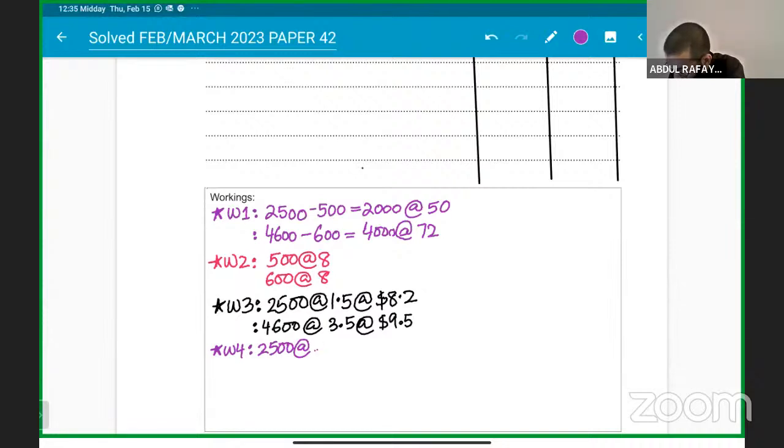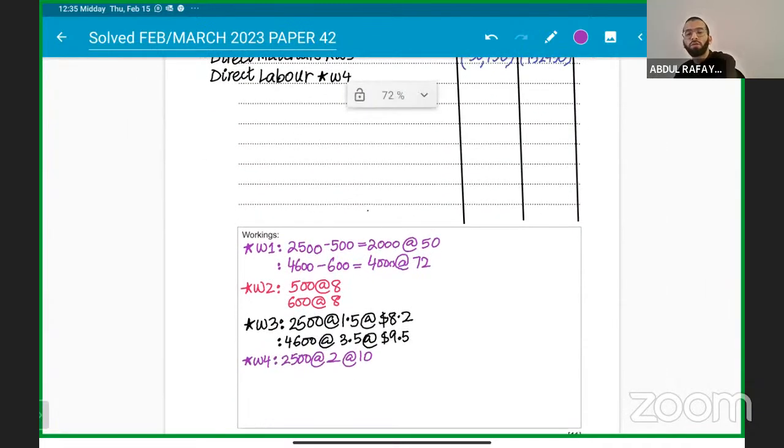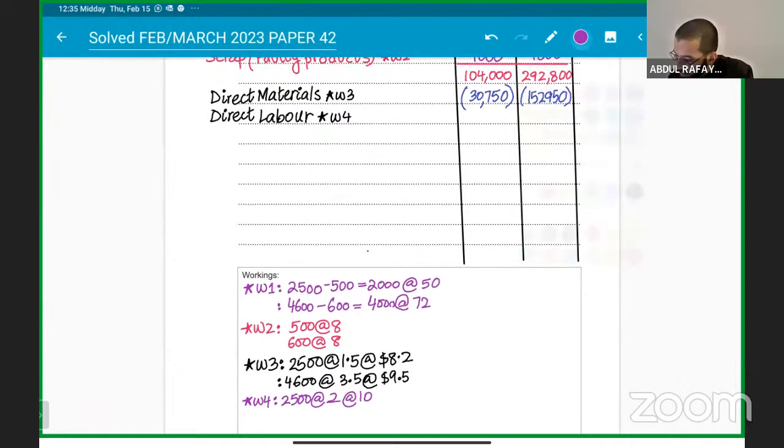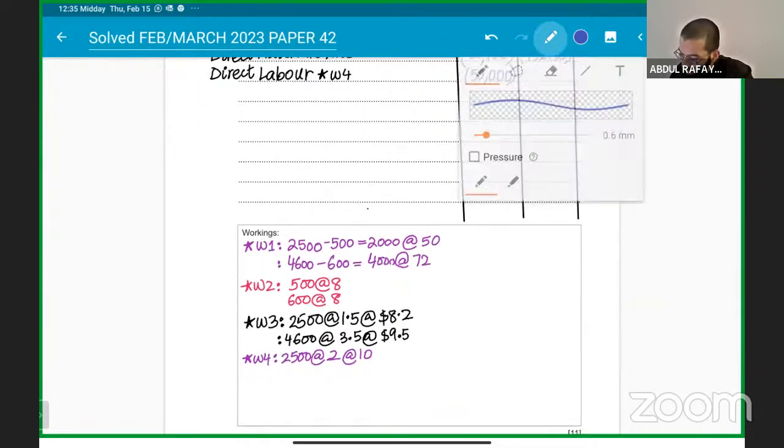One unit requires 2 labor hours, so we have to make 2,500 units, so it will be 5,000 hours required. And for each hour Simran is paying $10. So we need to understand that. Okay, clear, guys? Got it? So it will be $50,000.